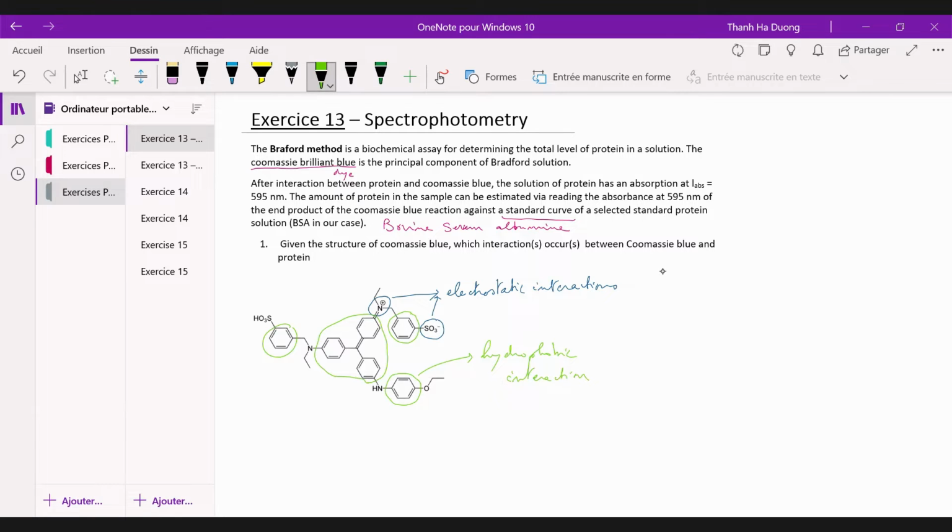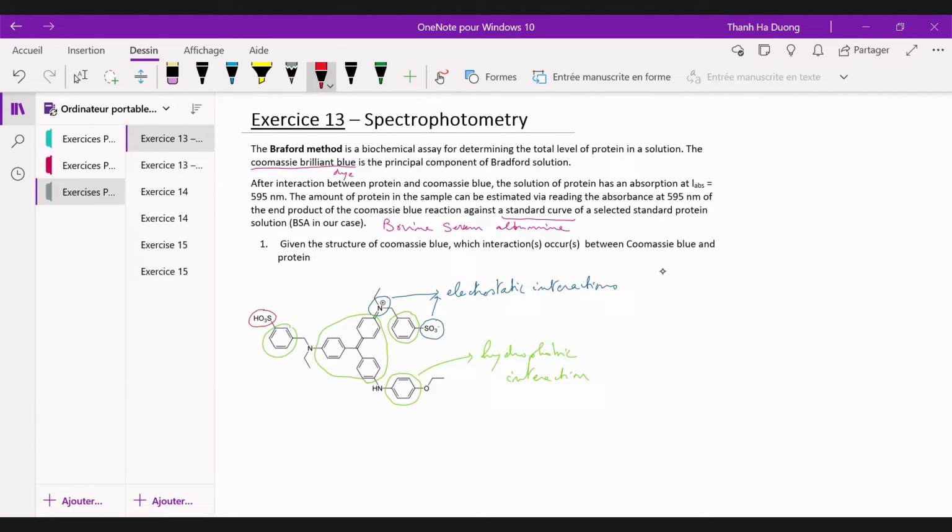Okay, and the last one, hydrogen bond. Can we have some hydrogen bond? Maybe. With which function or which part of the protein? On the left, this part, yes.